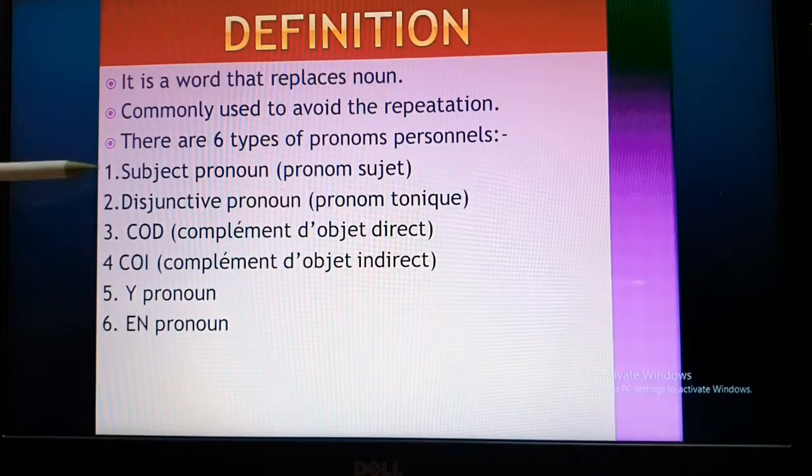So today we will focus mainly on subject pronoun, disjunctive pronoun, COD and COI, because this lesson contains these 4. The next lesson we will do pronoun Y and pronoun en.